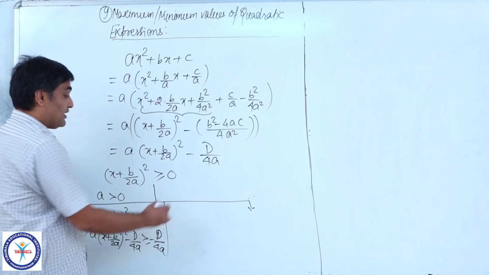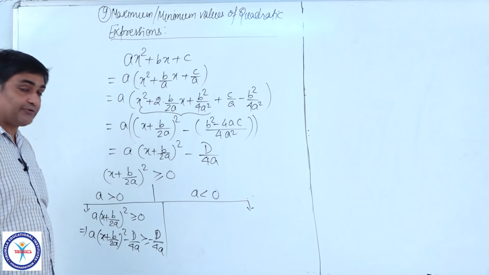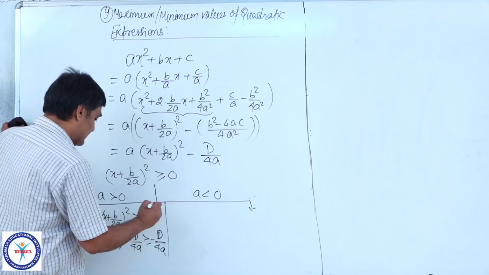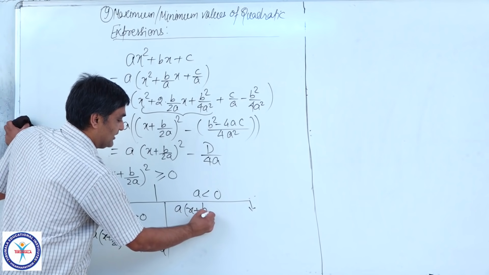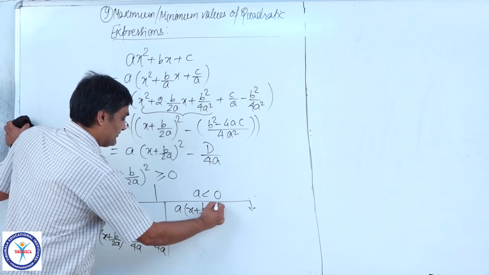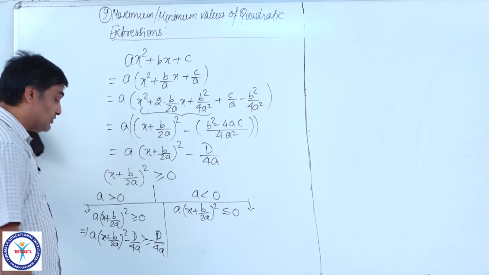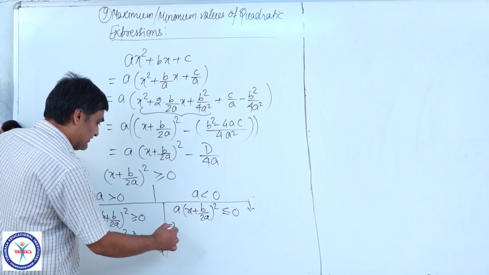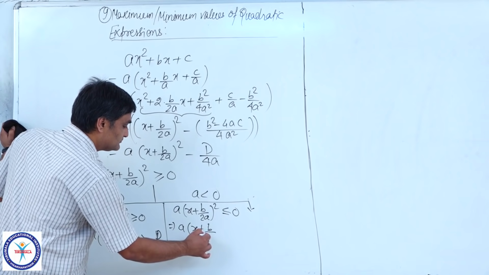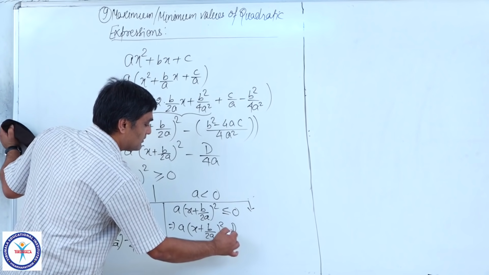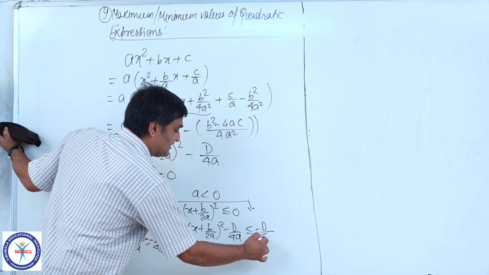Okay. What if a less than 0, means the coefficient of x square is less than 0? Then a x plus b by 2a whole square will be less than or equal to 0. Multiplying by a negative will change the inequality. This implies, on both sides we have subtracted d by 4a.